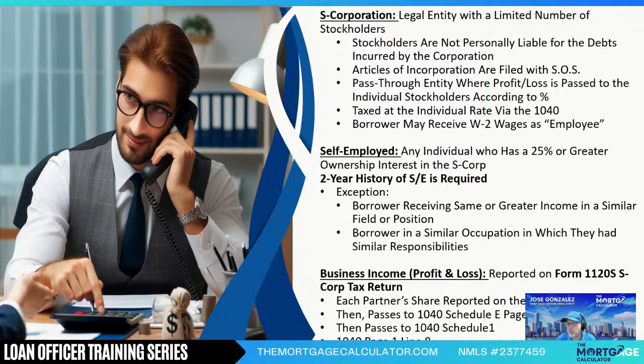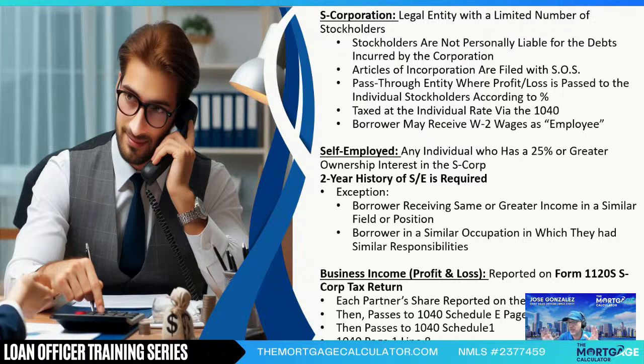So when you're doing your self-employment income calculations for an S-Corp borrower, you need to have the S-Corp tax return, because that's where you're going to draw items such as depreciation, amortization, depletion, and all those other items, plus the main income of the corporate side.